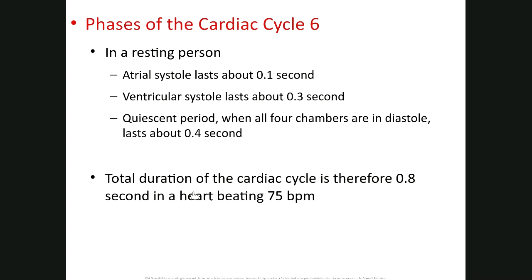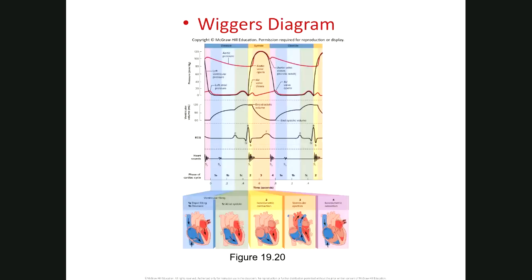The total duration of the cardiac cycle, contraction and relaxation, systole and diastole, is 0.8 seconds when the heartbeat is 75. If it's lower, it may be longer. But if it's higher, it may be faster. It still depends.